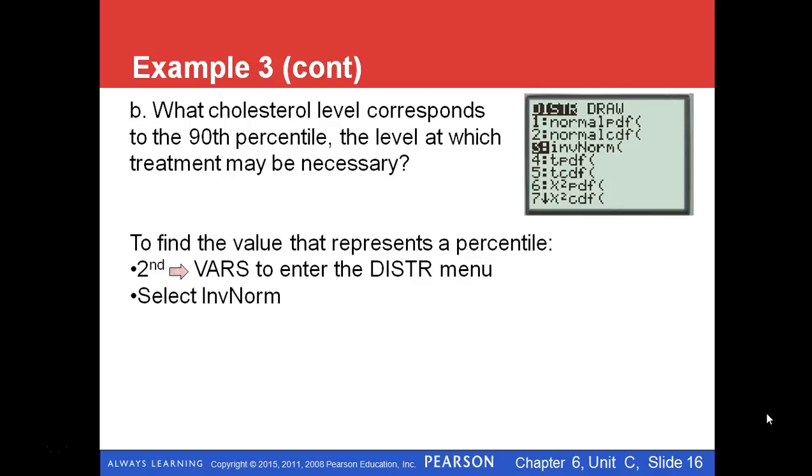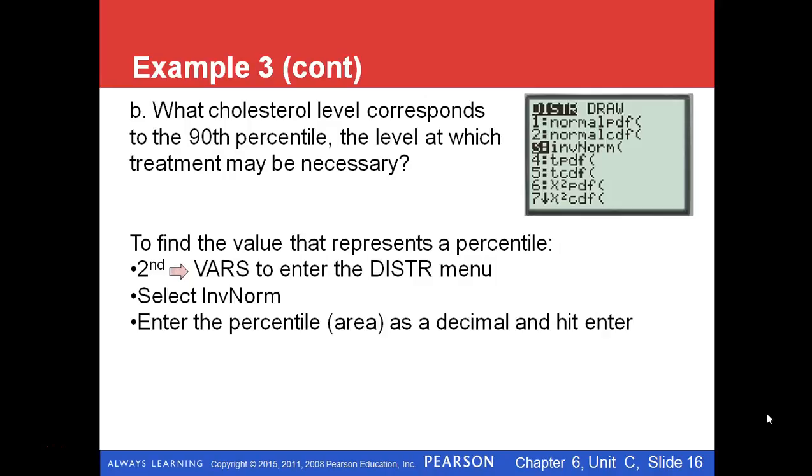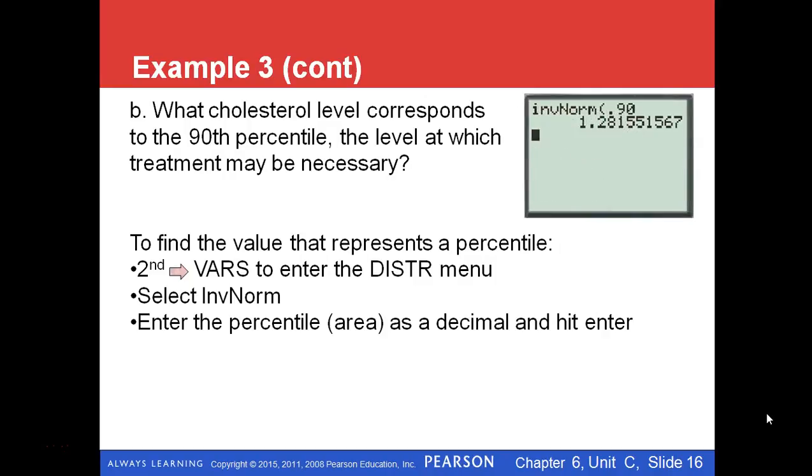We'll click on inverse norm, and if you have an older version of the calculator, you'll go back to the main screen. If you have a newer version of the calculator, you'll go to another menu where it says area, and that's where you put in the percentile as a decimal. So on the old calculator, I just say 0.9. On the newer version, in the area section, you would put 0.9.